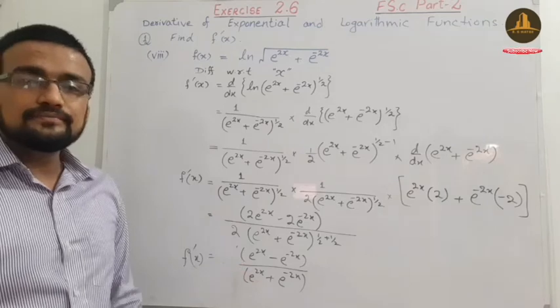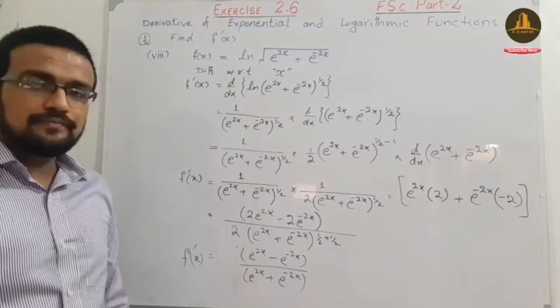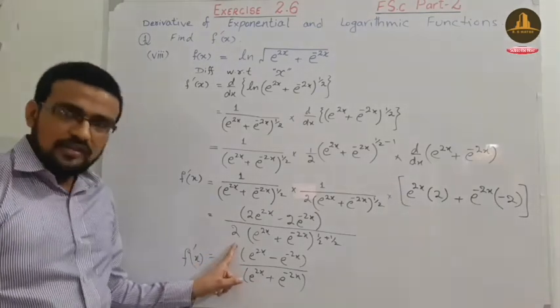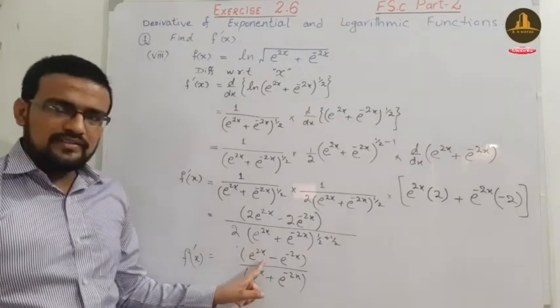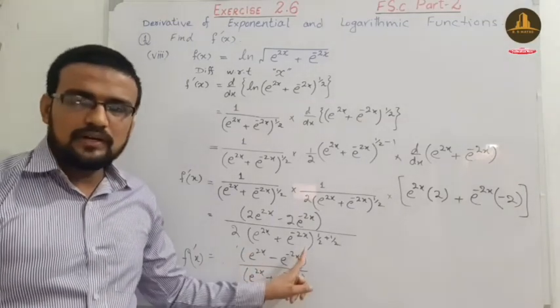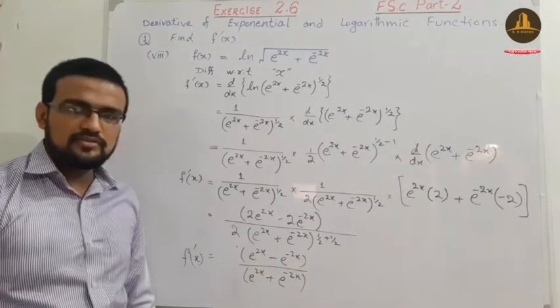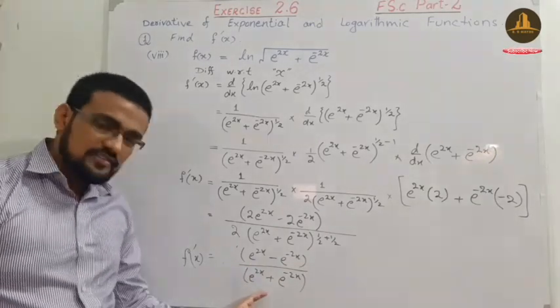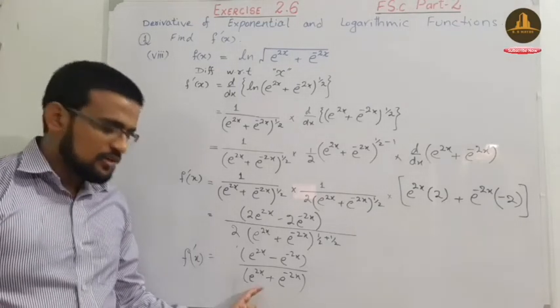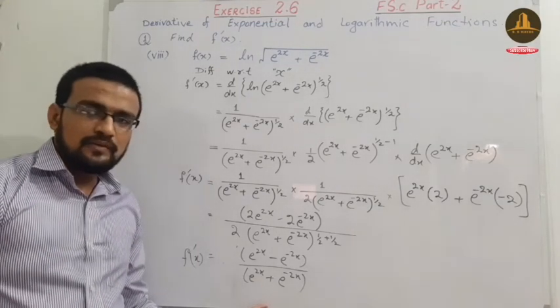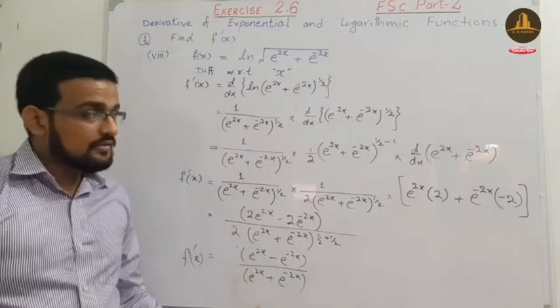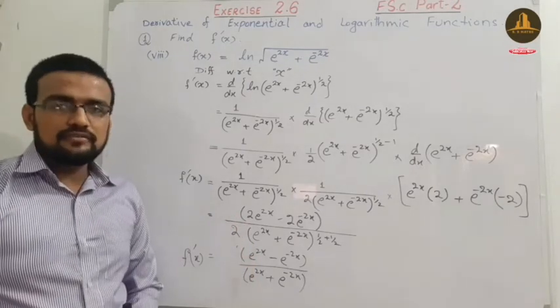Think, focus this time. What is this? E raised to power 2x minus e raised to power minus 2x over e raised to power 2x plus e raised to power minus 2x. What is this? You study in first year, FSC part 1, hyperbolic function.